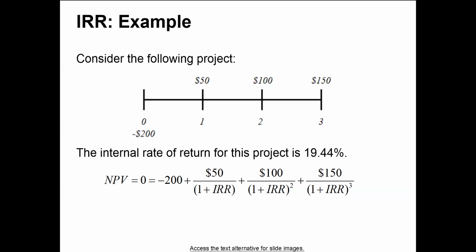You know all of the cash flows from this project and the initial investment. You consider the time value of money on the right hand side, and make the total present value of the cash flows equal to zero. The NPV equal to zero, right?